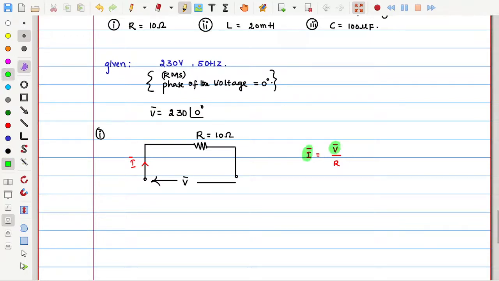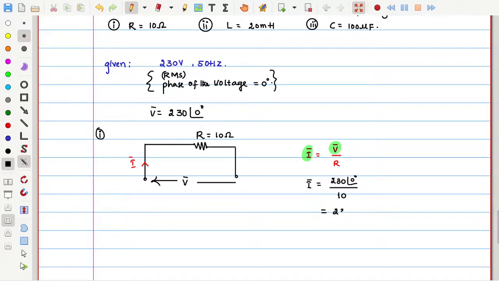See, voltages and currents all have some bar represented on top of them. Okay. So now tell me how much the current is. So 230 at an angle of 0 divided by 10, which is equal to, as I already told you, R at an angle of theta 1 divided by R at an angle of theta 2. 23, sir.